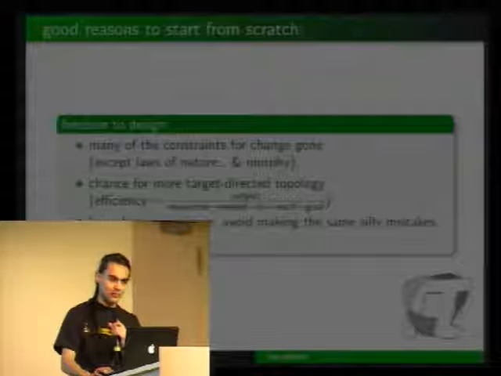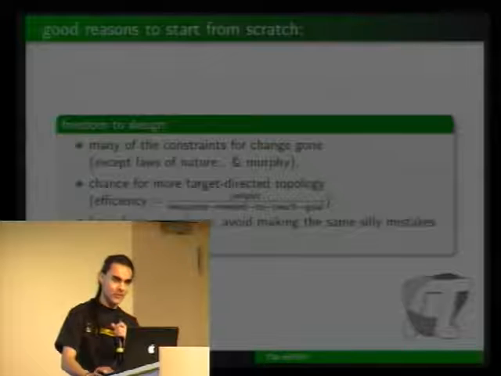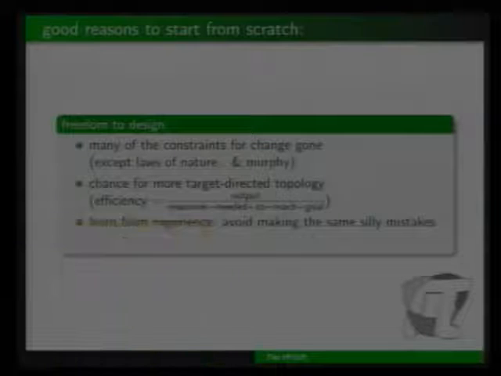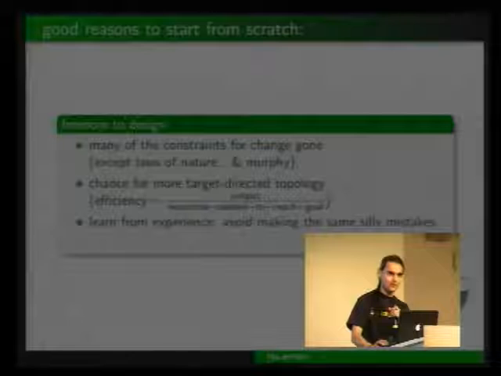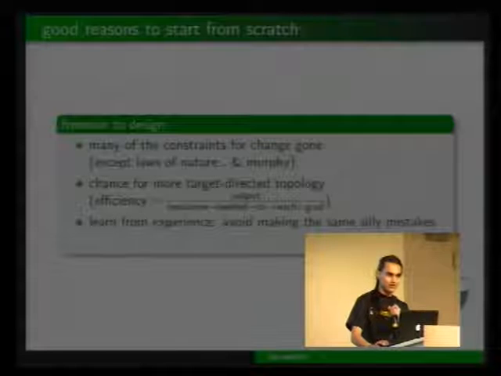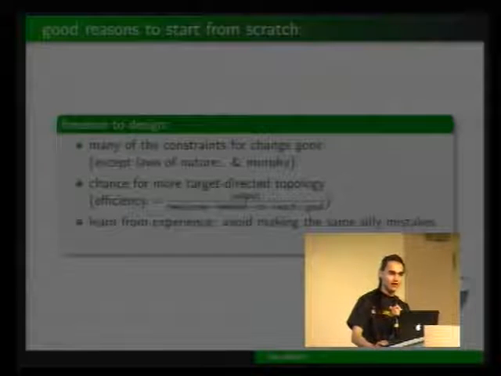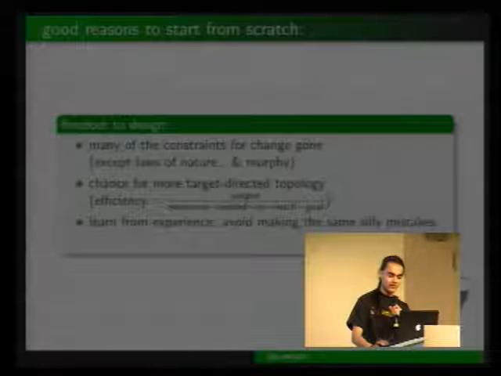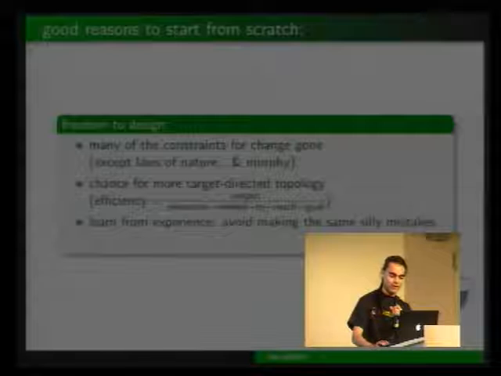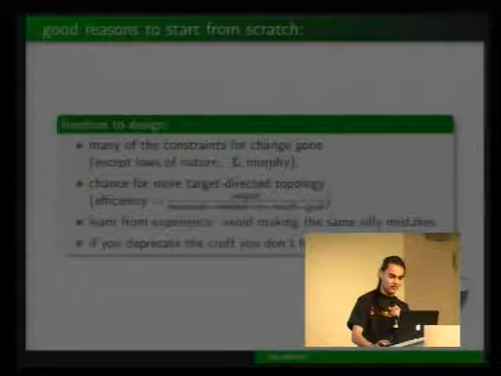You can learn from experience and avoid the silly mistakes you made the first time. There are many problems in our current political system, and we could just design them away and let them not develop in the first place.